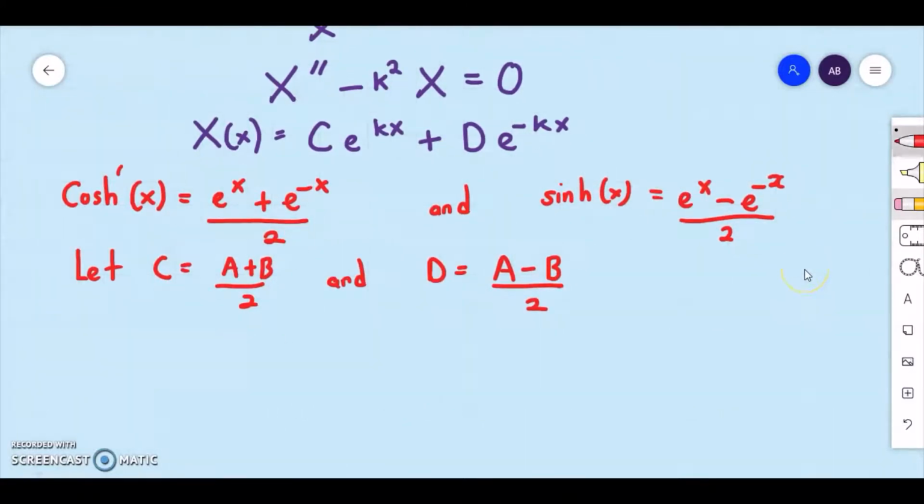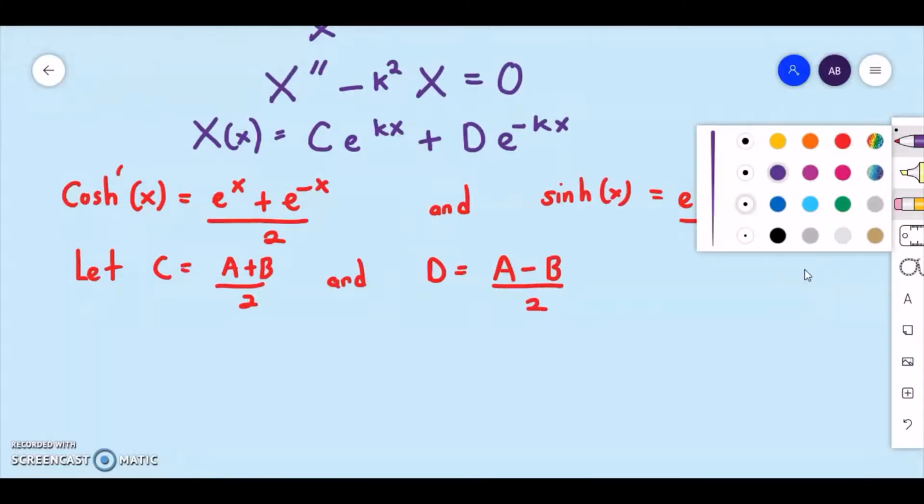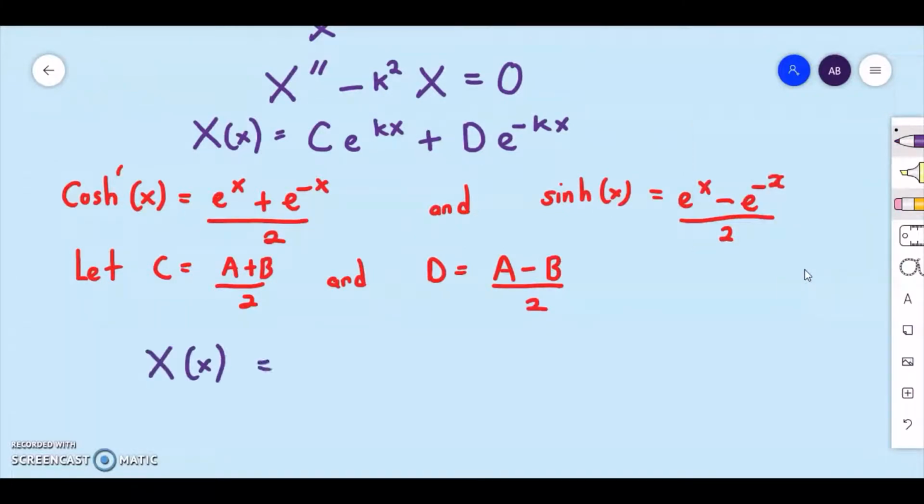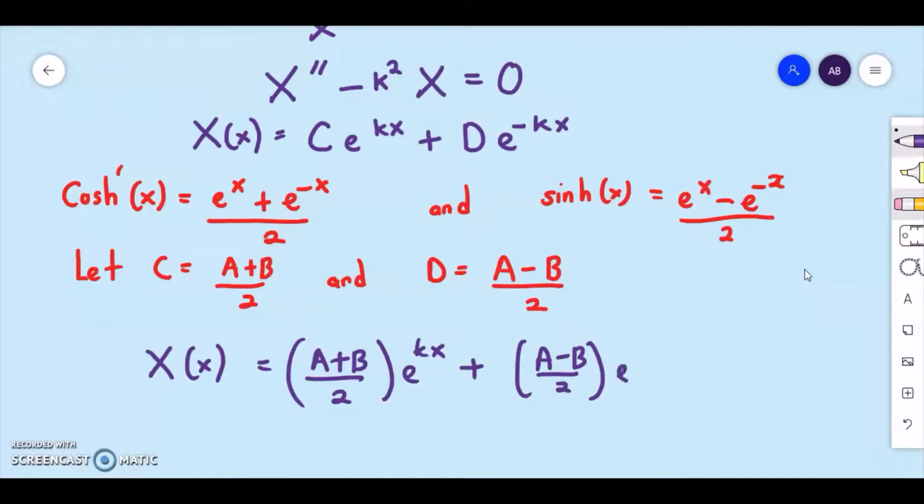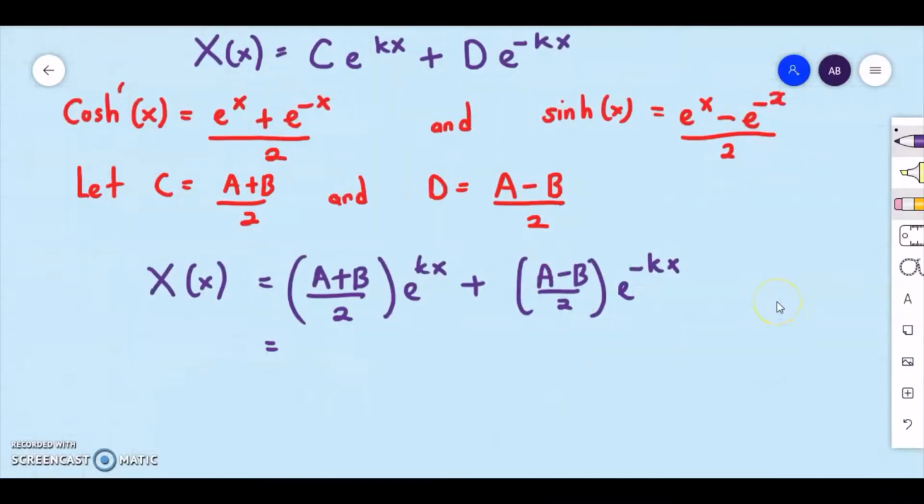Now look at this equation again. How am I going to change it? I have (A plus B)/2 exponent kappa x plus (A minus B)/2 exponent negative kappa x. Expanding this term, I have A exponent kappa x plus B exponent kappa x over 2, plus A exponent negative kappa x and minus B exponent negative kappa x over 2.